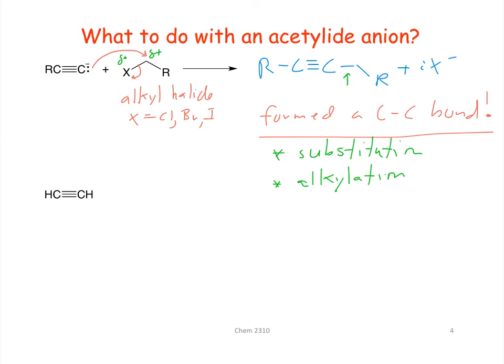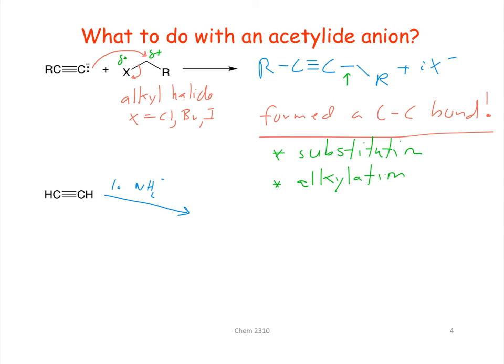Okay? So let's see how we might use this. Let's start with acetylene right here. And let's say we want to add some different groups onto that. We want to exchange those H's for alkyl groups. What we're going to do is go 1, add NH2 minus. We're going to use our strong base.